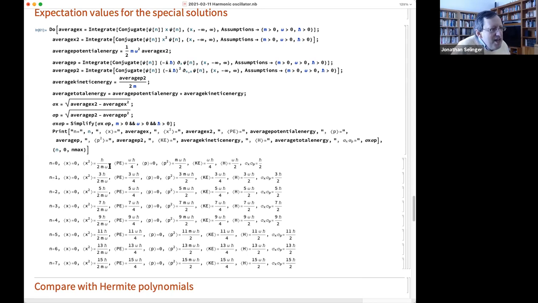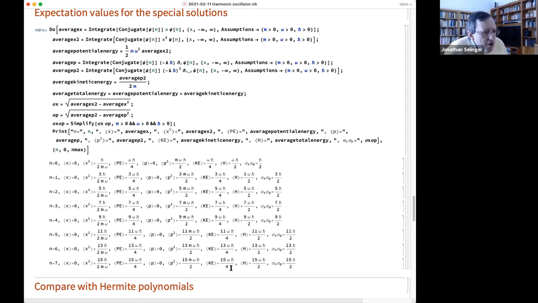And that means the potential energy keeps getting bigger because the potential energy is a half k x squared. What's the average momentum? That's always 0. What's the average momentum squared? That's not 0. That keeps getting bigger when you go to bigger n. So the average kinetic energy, which is the average momentum squared divided by 2m, keeps getting bigger.